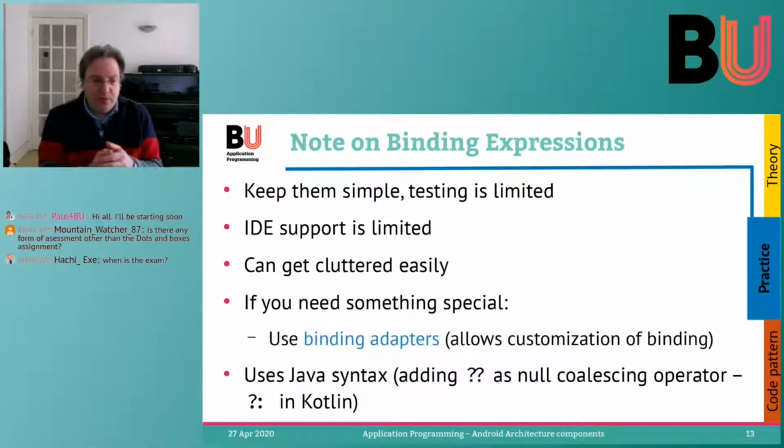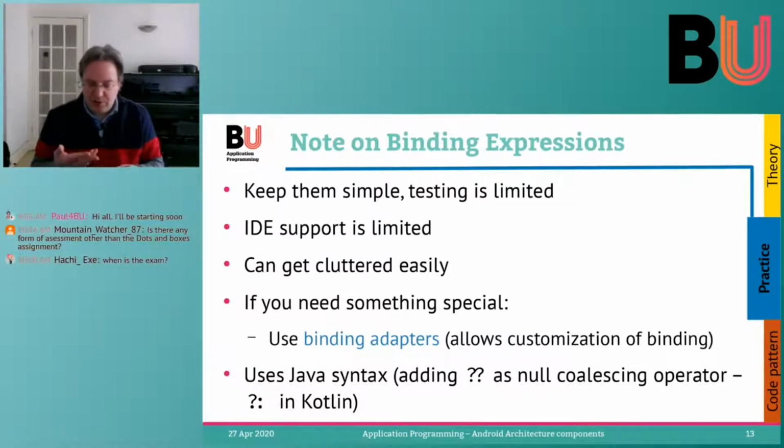One thing to take into account is that it uses Java syntax, not Kotlin syntax. It's not very different. It has a ternary operator, the question mark, then colon else, where Kotlin uses an if else expression.